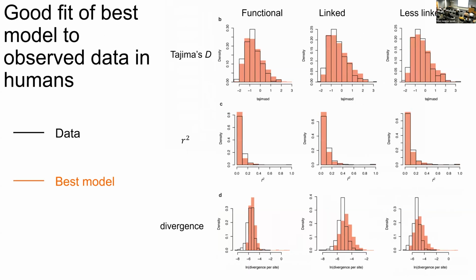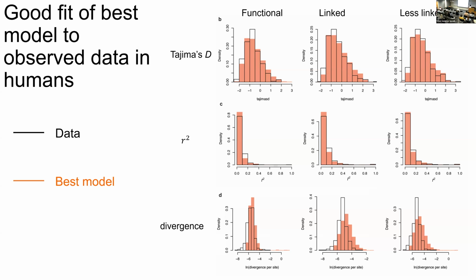This is just to show that the model we estimated for humans and for Drosophila, I'm showing you only one case because we have the same story in both, predicts the actual data pretty well.